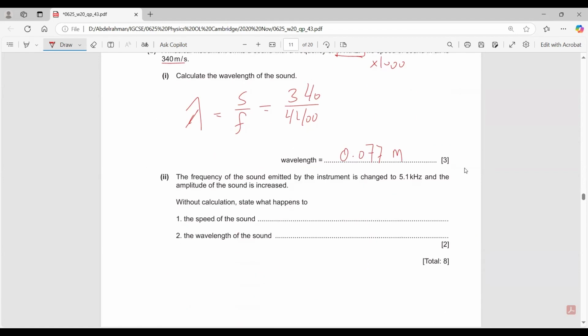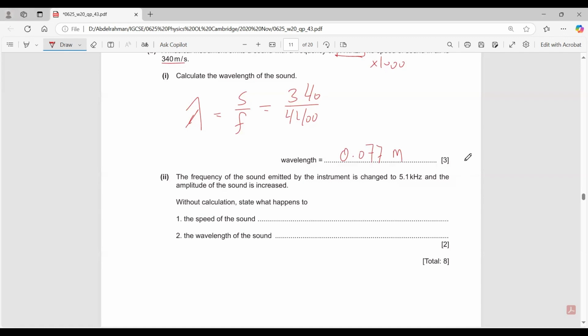The frequency of the sound emitted by the instrument is changed to 5.1 kilohertz and the amplitude is increased. Both of them increase. What happens to speed and what happens to the wavelength? That's a really nice question. As you increase the frequency, what will happen to the speed?